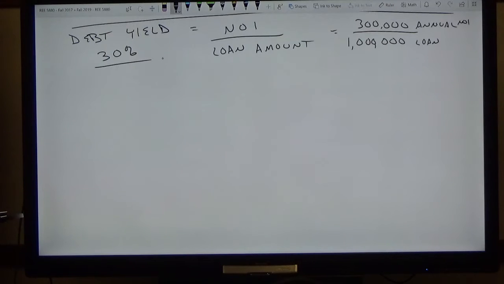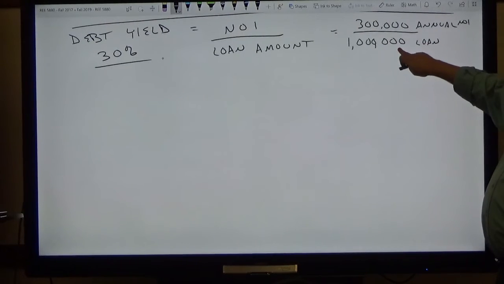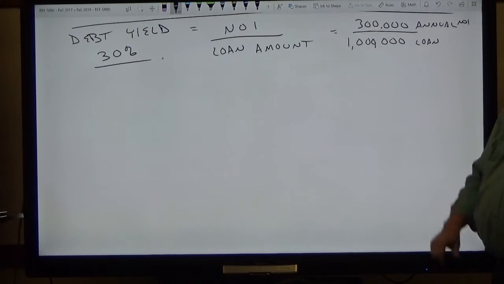Because the higher it is, that means you've got more income relative to the loan that you're borrowing. So in this case, debt yields are usually good things. They're not costs, they're yields. That means they're income, basically revenue. Does that make sense? So the higher this would be relative to the loan, that would be a good thing.